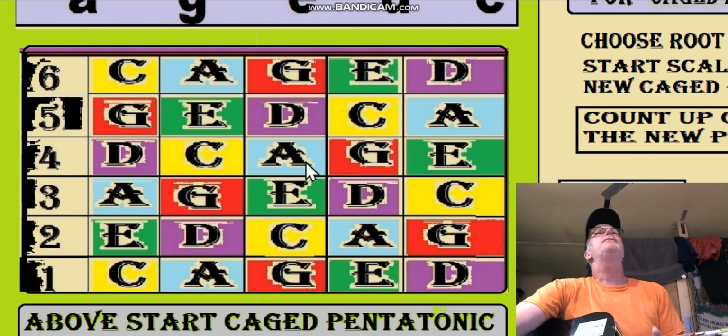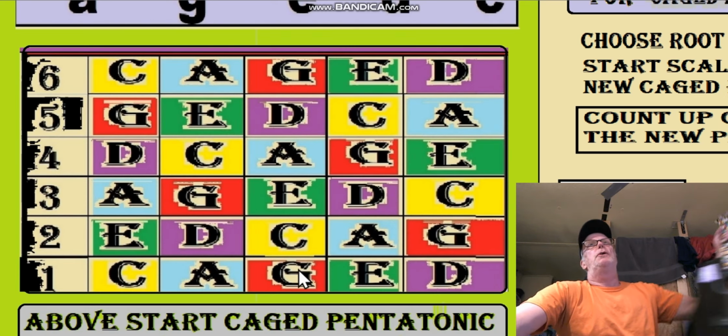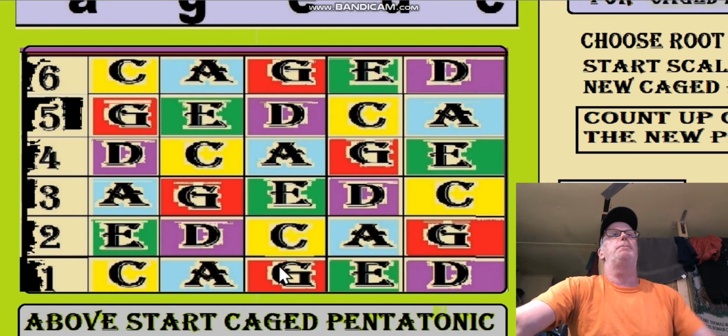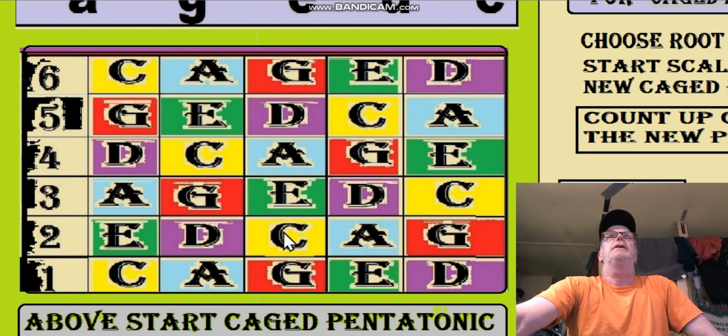The only difference is, let me explain. These are going up in fourths, right? So if I start a G shape from the second string, I go up a fourth to a C. If I start a G shape from the third string, I go up another fourth?